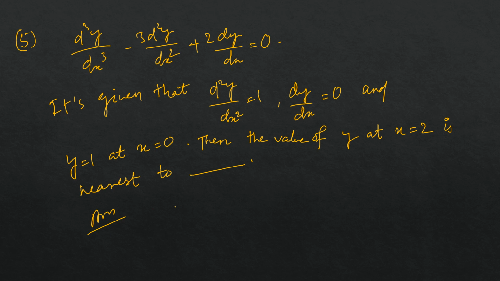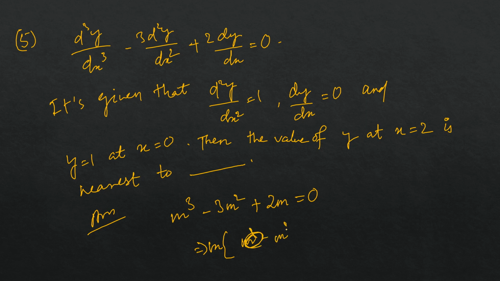Okay, so let's write the equation m cube minus 3m square plus 2m is equal to 0. m into m square minus 3m plus 2 is equal to 0.